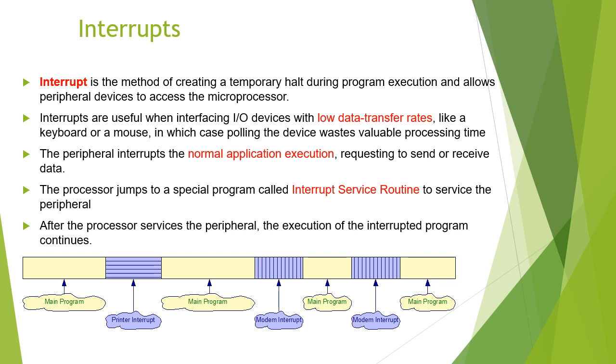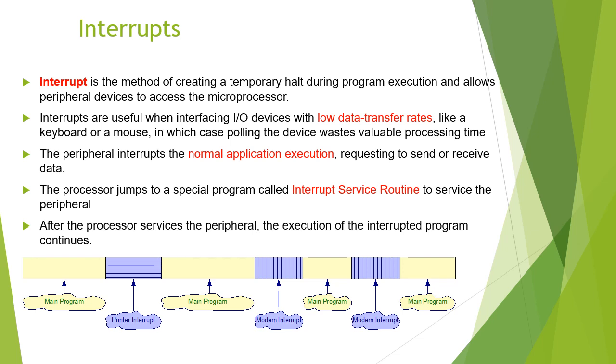So basically, an interrupt is something which distracts or interrupts the normal execution of a central processing unit. In this diagram, the central processing unit is executing the main program, following the normal flow of execution. But at this point, it is receiving an interrupt from one of the peripheral devices called a printer.